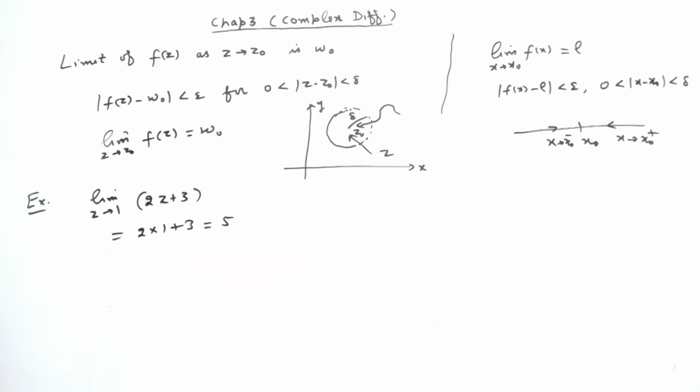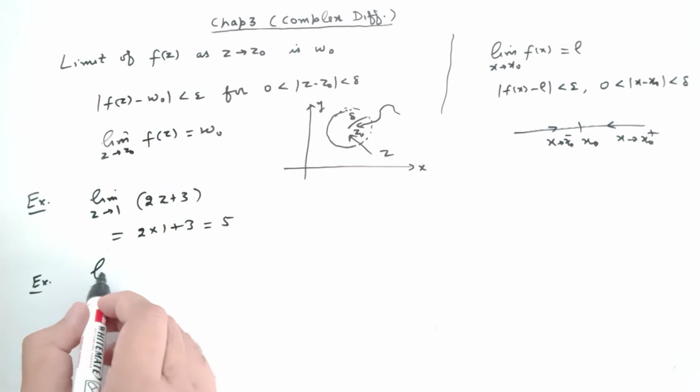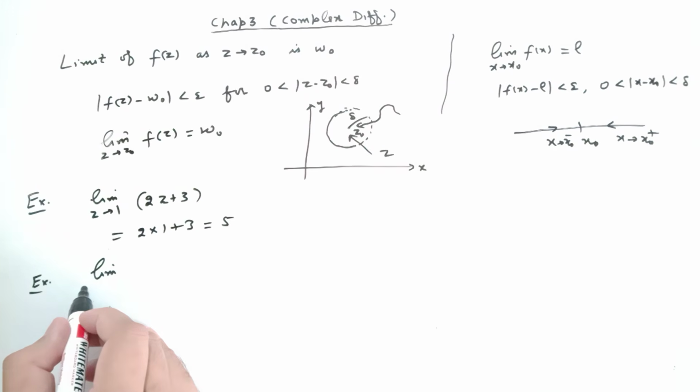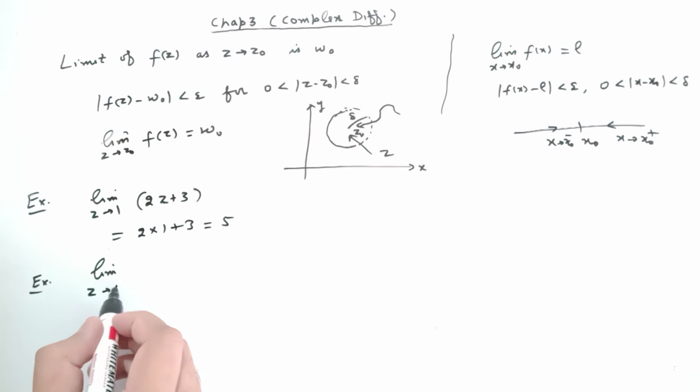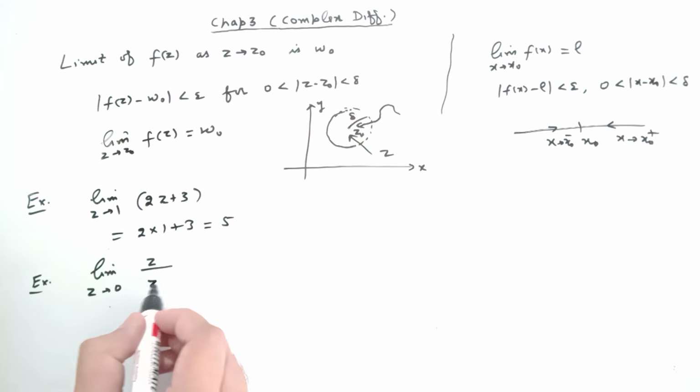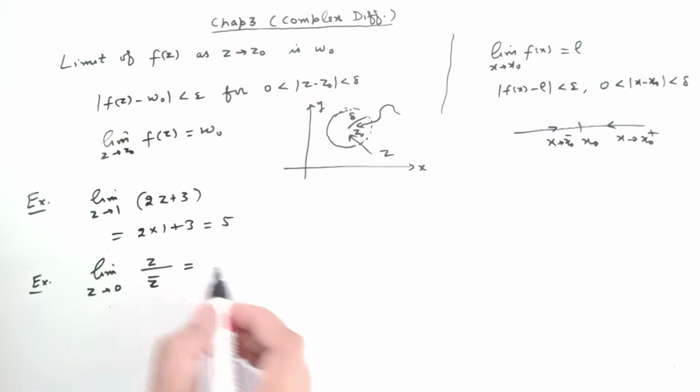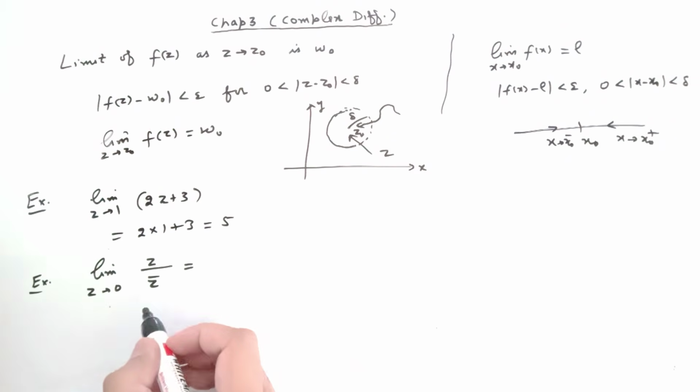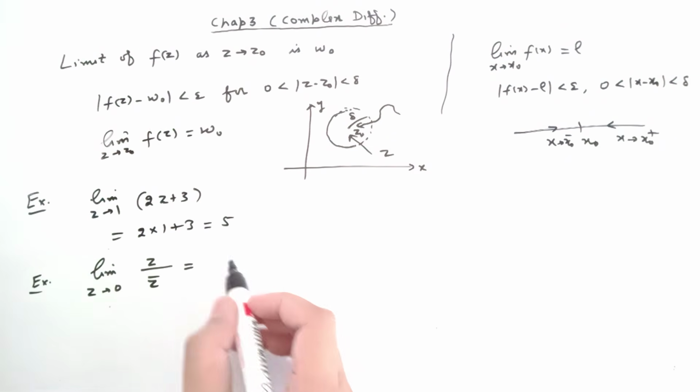So the answer is 5. But see this limit, which is not directly solvable. If you apply it directly, it's not defined, 0 over 0. So what to do here?